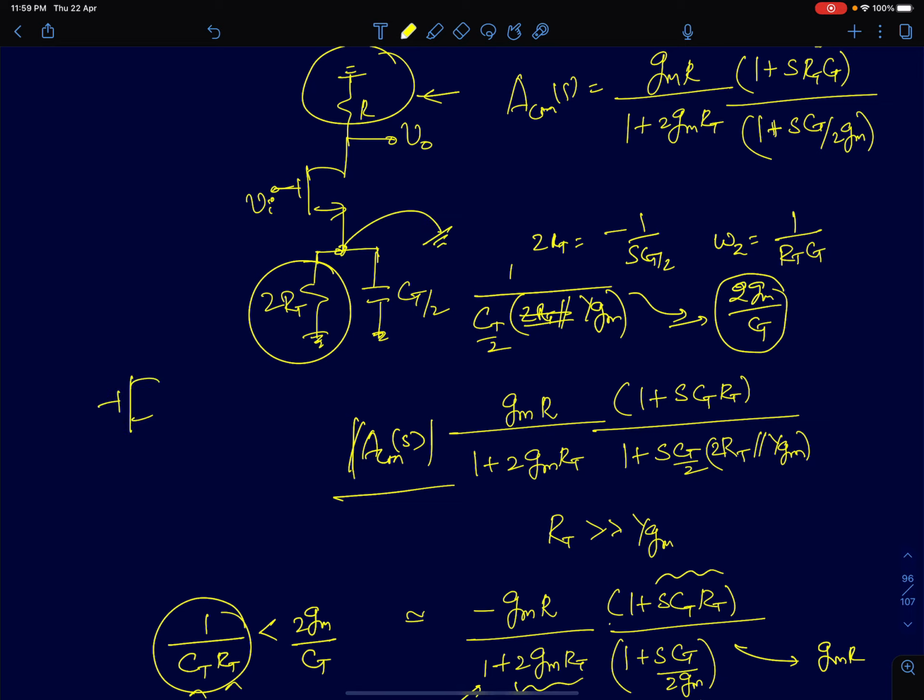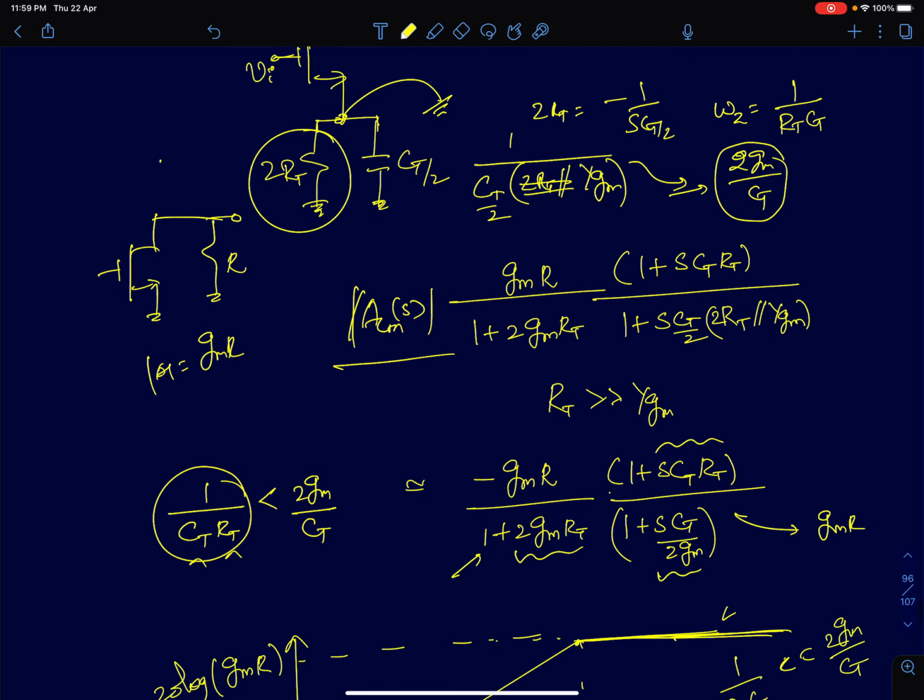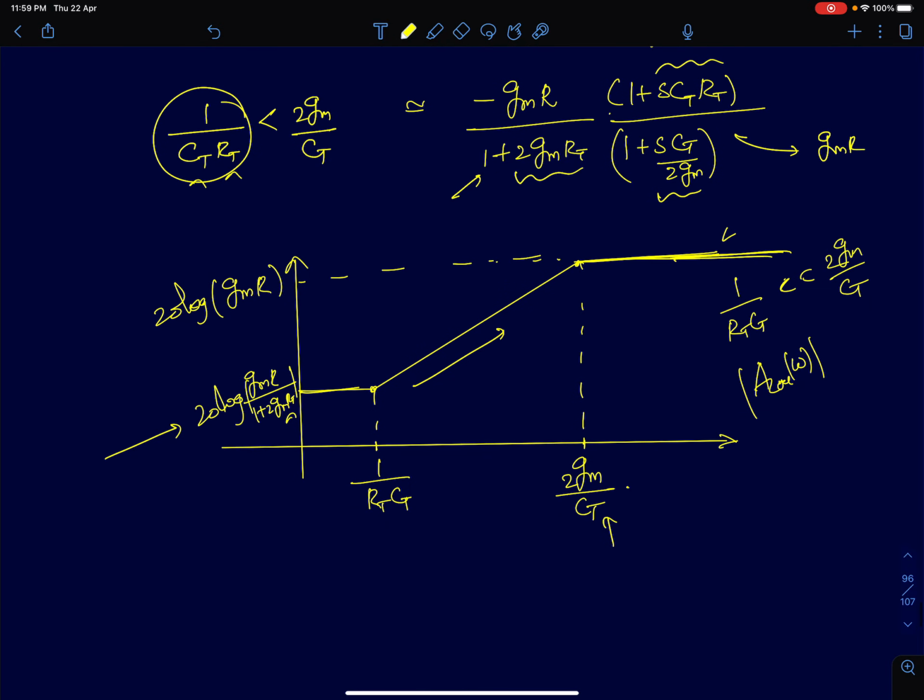So this circuit simply reduces to a common source amplifier with a drain resistance of value R. So the magnitude of the gain is simply GM R. So this value here will be 20 log of GM R.